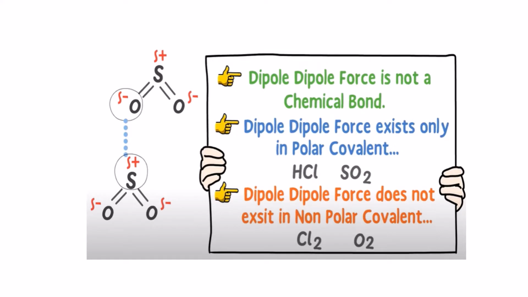Dipole-dipole force does not exist in non-polar covalent molecules like chlorine (Cl2) and oxygen (O2). It is because these molecules of Cl2 and O2 are attracting the electrons on each side equally.